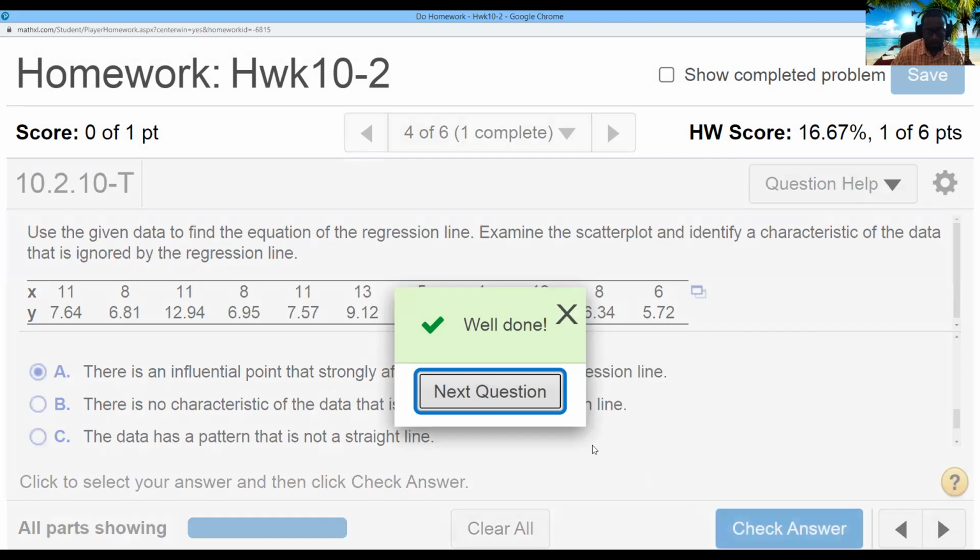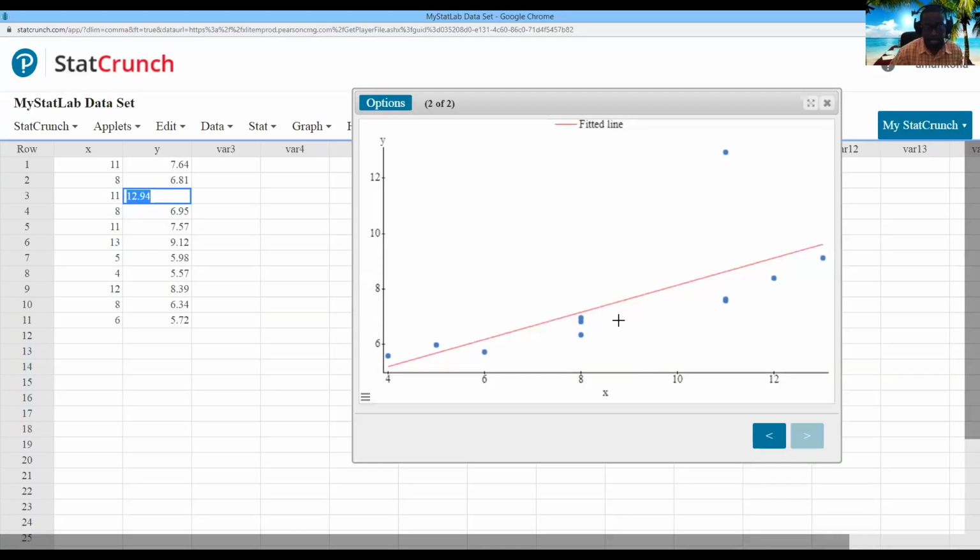Now to verify that, just to show you, let's go back and I'm going to delete this point from there. I want to copy and make sure there are no missing values.